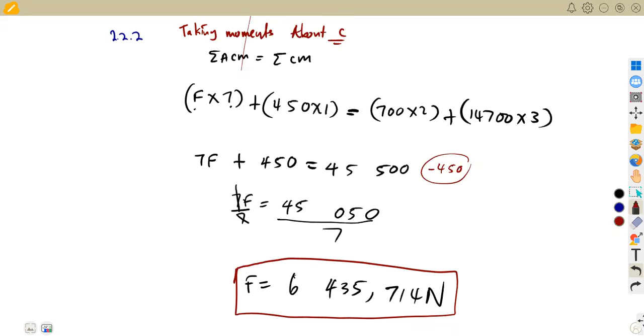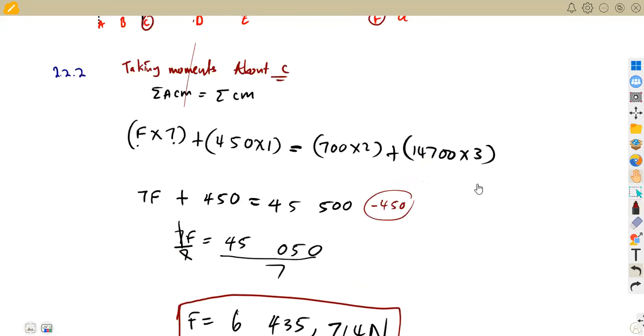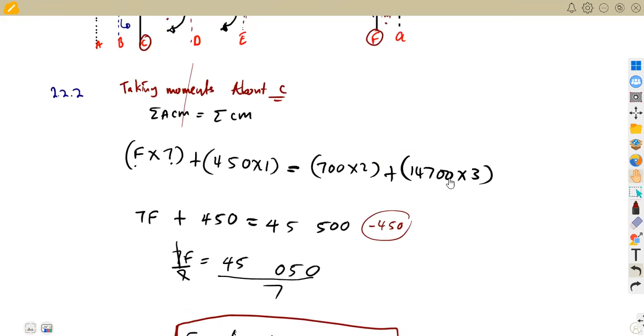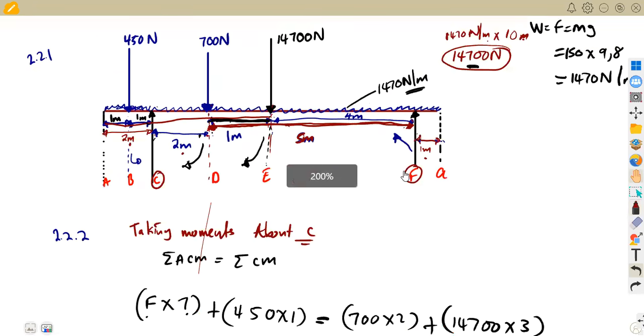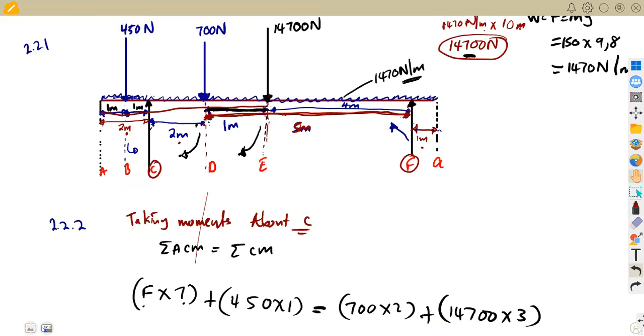All right, let's consider the second support here. So this is our F. Then for the second one, which is at the support here, we're going to consider from F this time. So this time we're going to consider taking moments about F, not about the point. So here we're going to remove this part here.